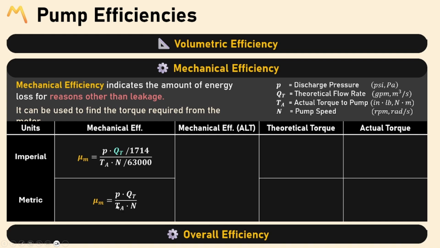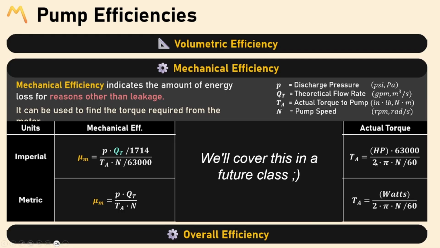And we'll learn a lot more about torque in our motors class, but torque is sort of the oomph behind your motor. For imperial, it's measured in inch-pounds, and for metric, it's measured in newton-meters. And N is our pump speed. For imperial, N will be in RPM, or revolutions per minute, and for metric, N will be measured in radians per second.